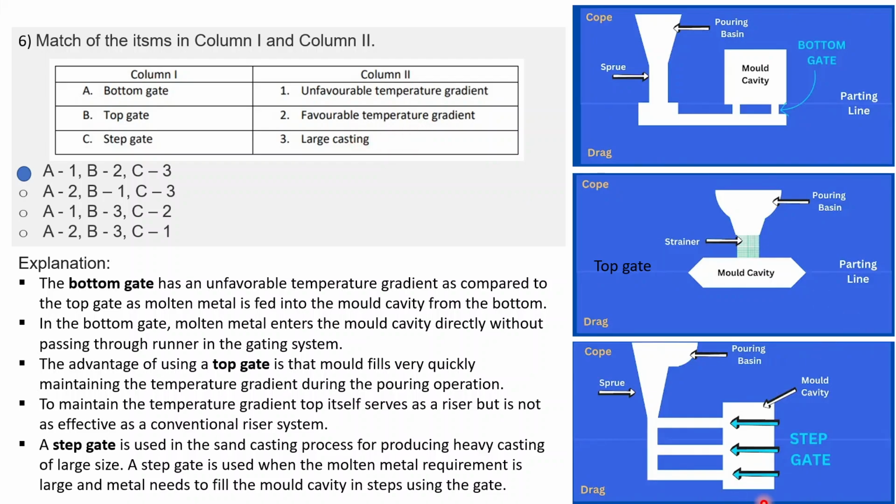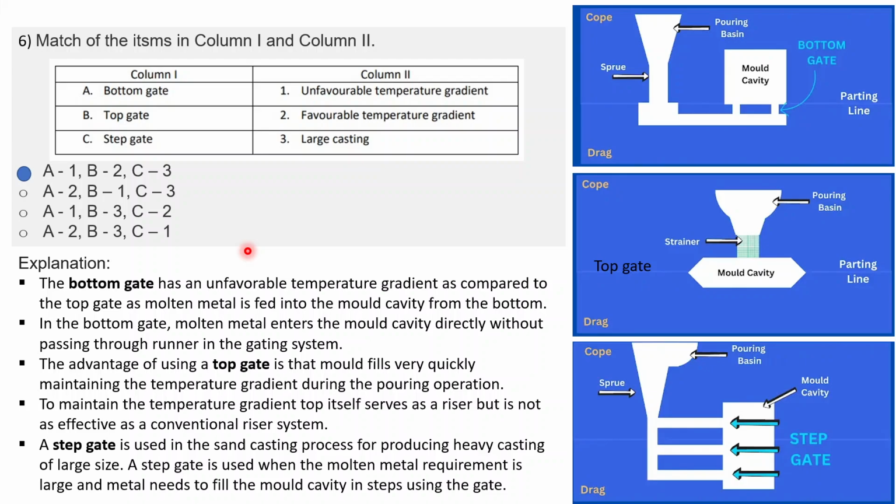In case of step gate, you have various steps in gates because of the large size of the cavity. To maintain this directional solidification, you require multiple gates. So here you will be having large casting. So A will be the correct answer here.